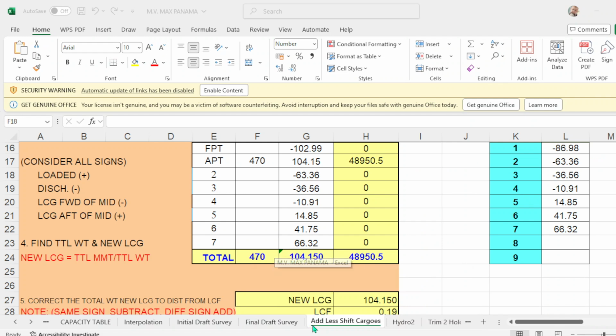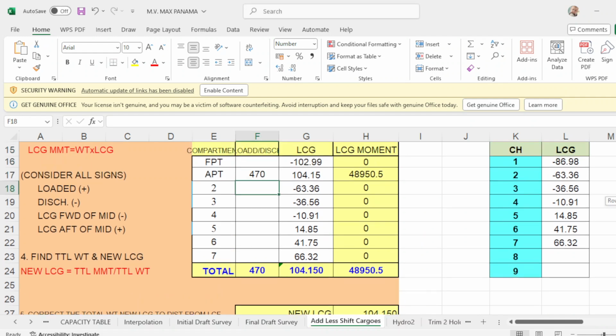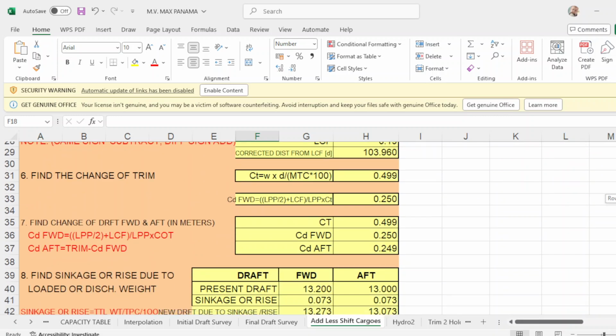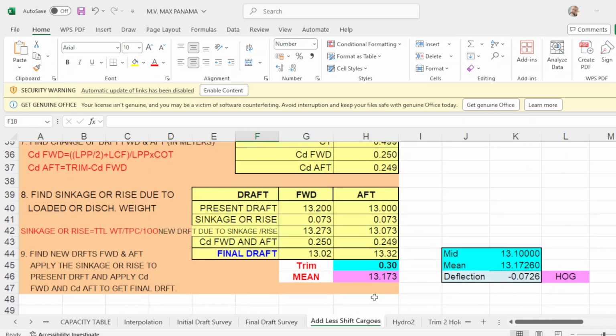So, once you put your weight here, you will get all your trim. Your forward drop will be 3.20 and aft drop will be 3.32, your trim will be 30 centimeters, and your mean drop will be 13.13.